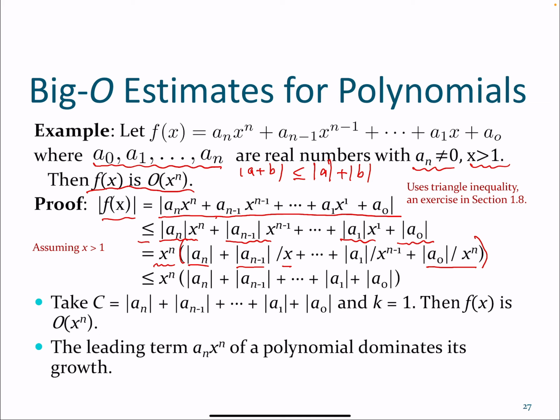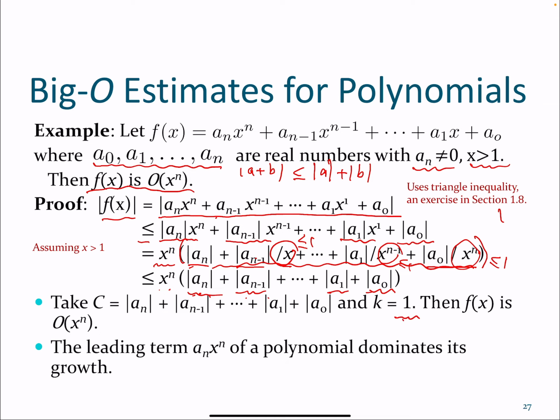Because x is greater than 1, each one of these terms is less or equal to the absolute value of the parameter itself. For example, this one is smaller or equal to 1, this is smaller or equal to 1, and this is smaller or equal to 1. So you can just say this is smaller or equal to x^n times the sum of the absolute values of each parameter, a_n to a_0.